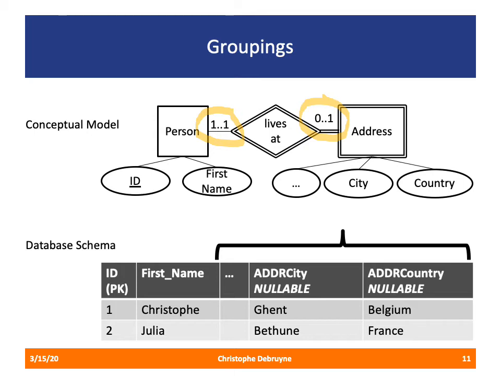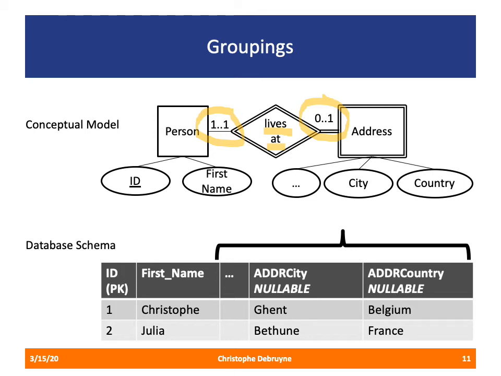We also see that in the conceptual model, address is modeled as a weak entity. It is identified by certain relationships, and in this case, the relationship with a person. So every address is identified by their person. And when we derive a database schema from that conceptual model, we might end up with a database schema that only contains one table instead of two.